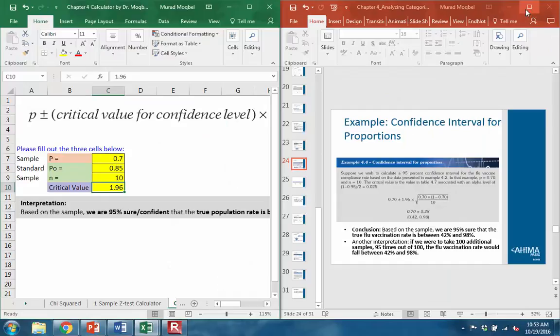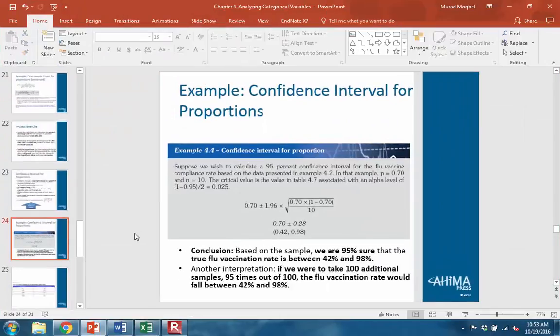That's how we interpret this result. You can use this conclusion: based on the sample, we are 95% sure that the true flu vaccination rate for the company, for all employees or the population of the company, is between 42% and 98%. So it is very straightforward and simple.